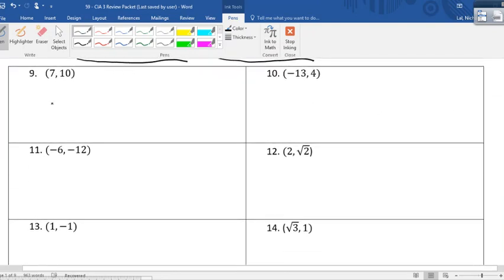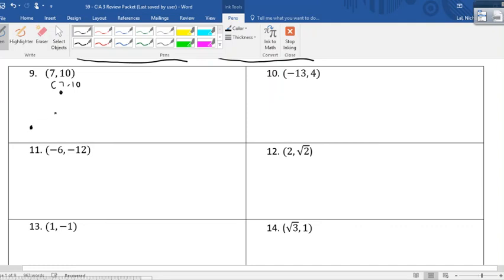And here, I have my point 7, 10, which means I have a horizontal component of 7 and a vertical component of 10.